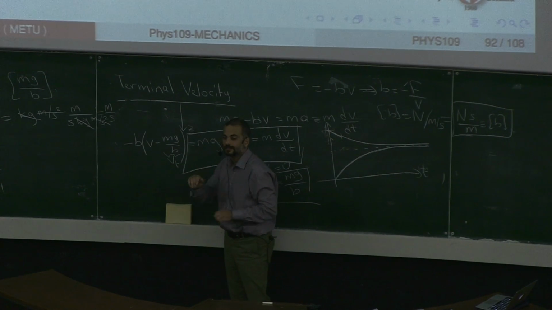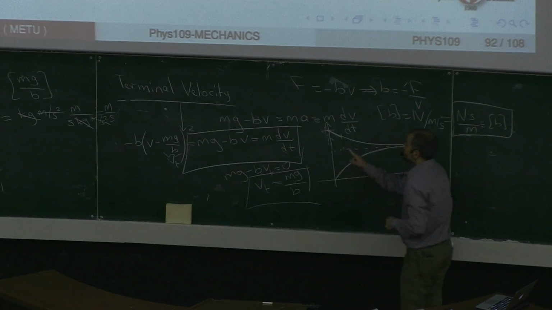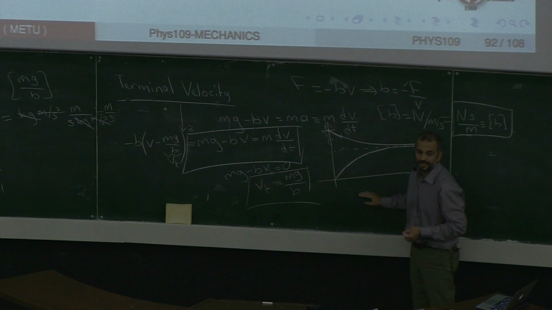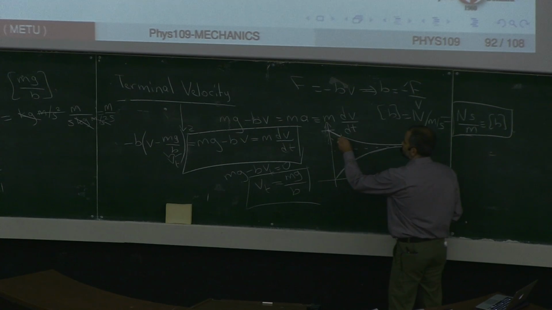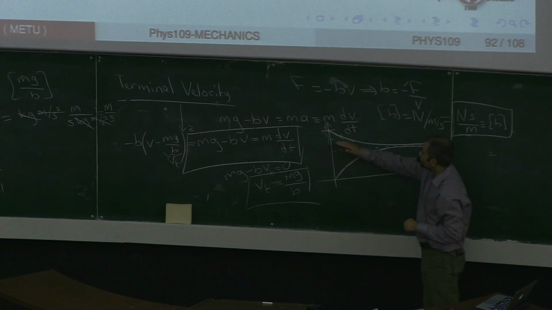So the slope will be more flat. After this point, it will still continue decelerating. The speed will keep going down, but it will be more horizontal because the acceleration is smaller. The change in the velocity in a given time is smaller. So it will just behave like this. It will not continue decelerating with the same acceleration. It will decelerate with a smaller acceleration.